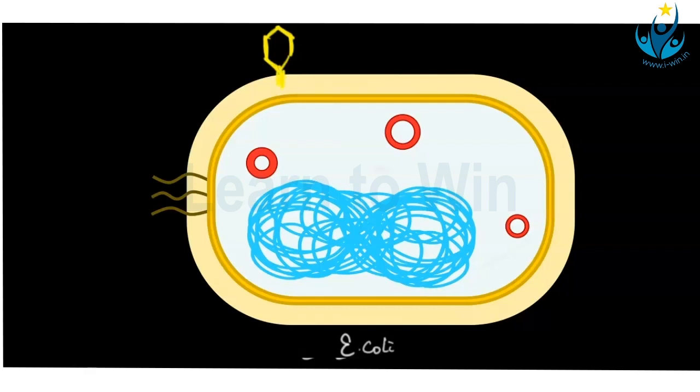Now this bacteriophage will contain its own genetic material. So this is the viral DNA, and this one is the bacteriophage. Now, you know that whether it is lytic cycle or lysogenic cycle, the viral DNA will come from the head of the virus into the bacterial cell.